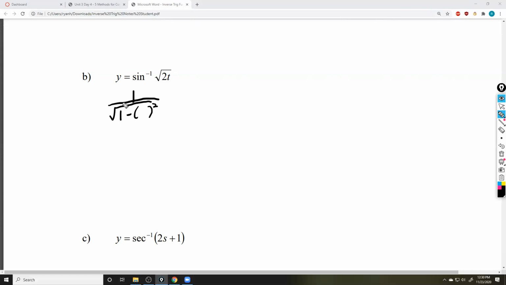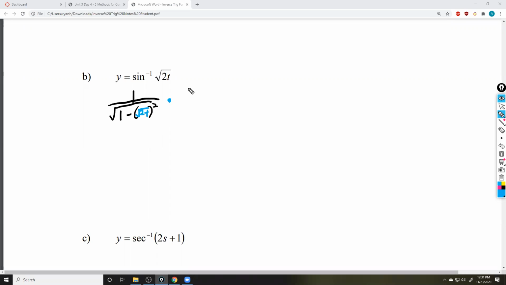It's my outline of derivative of sine inverse. And what goes inside of the parentheses there? Well, we're taking the sine inverse of the square root of 2t. So square root of 2t. Times derivative of the inside part.